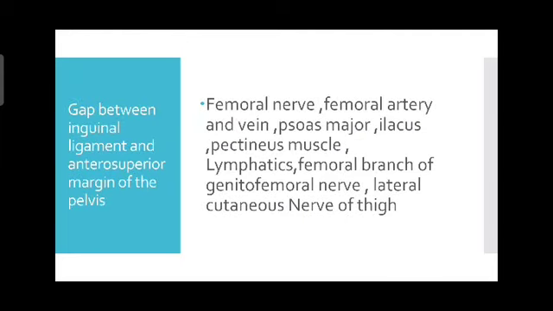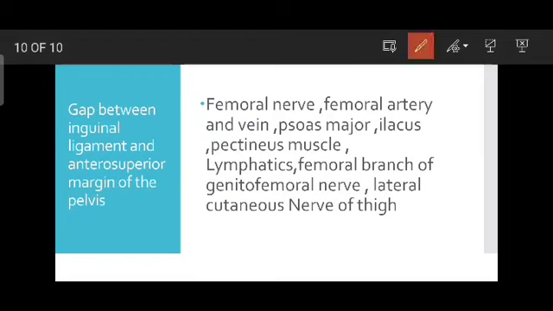Okay, gap between the inguinal ligament and the anterior superior margin of the pelvis. Through this gap, femoral nerve, femoral artery, femoral vein, psoas major muscle, iliacus and then pectineus muscles all come out of the abdominal cavity and enter into the anterior compartment of the thigh.